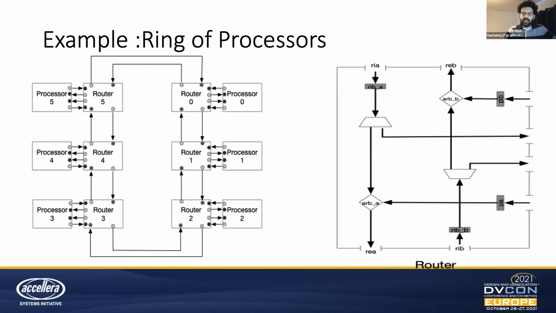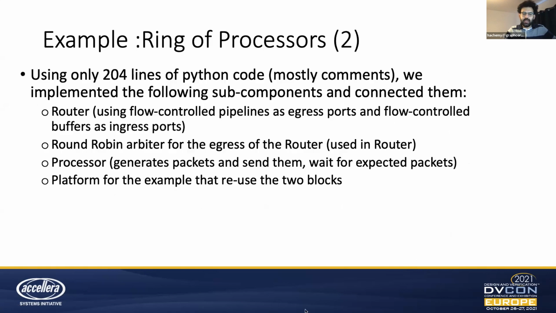We can build this easily with the stimulus and everything and run a simulation using only about 200 lines of Python code, mostly comments as well. And in order to do that, you can go hierarchically. Basically we have the following subcomponents that we build. We have the router, which uses flow control pipelines from the components I've discussed before, and then flow control buffers as well.